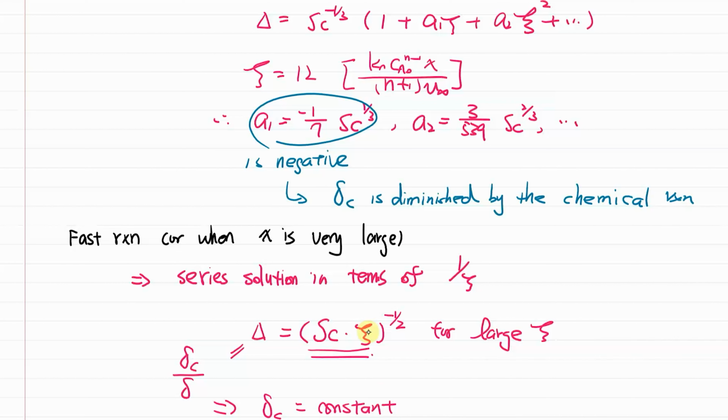Okay? And it will be independent of x, V infinity, and the kinematic viscosity. So that means that if you have a very fast reaction, or when you're fully developed downstream, your boundary layer thickness becomes constant.